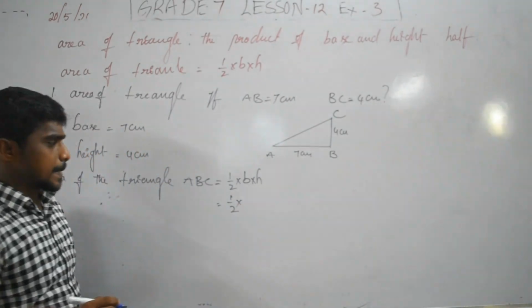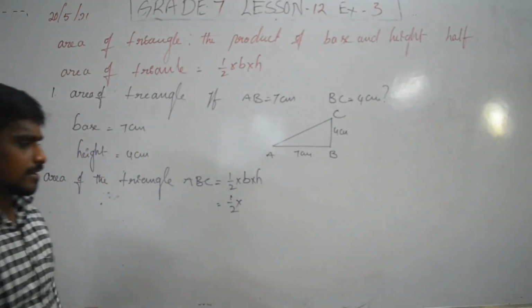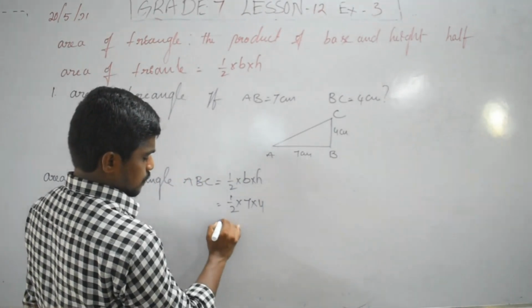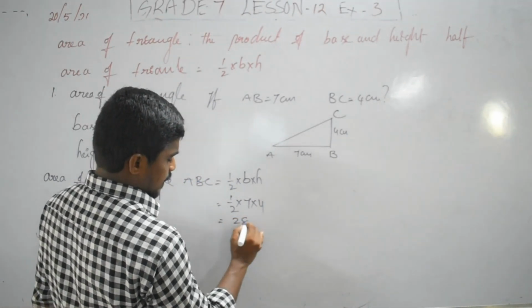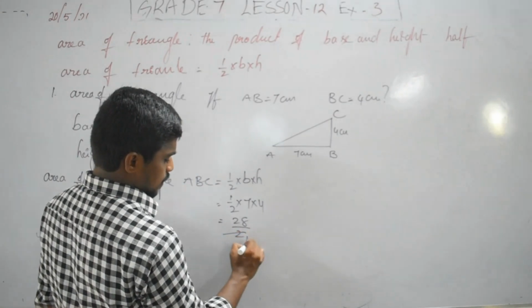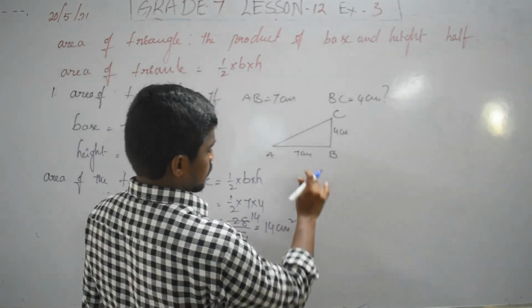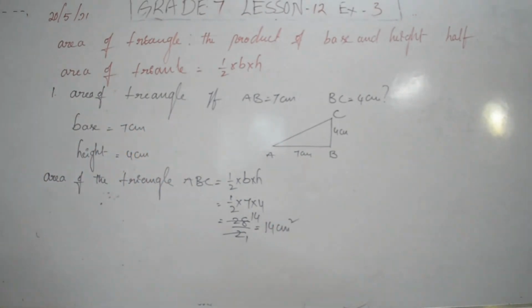Base how much? 7. Height how much? 4. So 28 by 2, that is 14 centimeters square. This is the area. So every problem, we just use that formula and solve all problems.